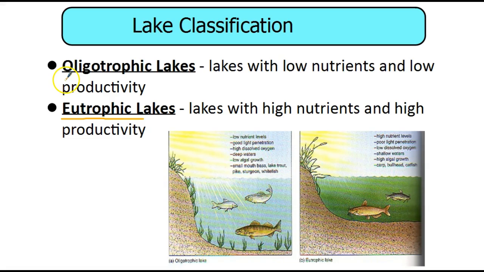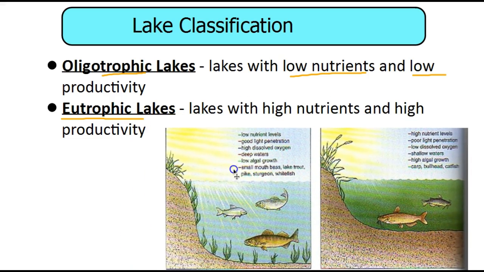We have what are called oligotrophic lakes. So remember, troph means feeding. We talked about trophic levels. So oligotrophic lakes are lakes with low nutrients and low productivity. They don't have a lot of nutrients, and as a result, they can't be very productive because without nutrients, they can't create a lot of new biomass or a lot of new plants and animals.